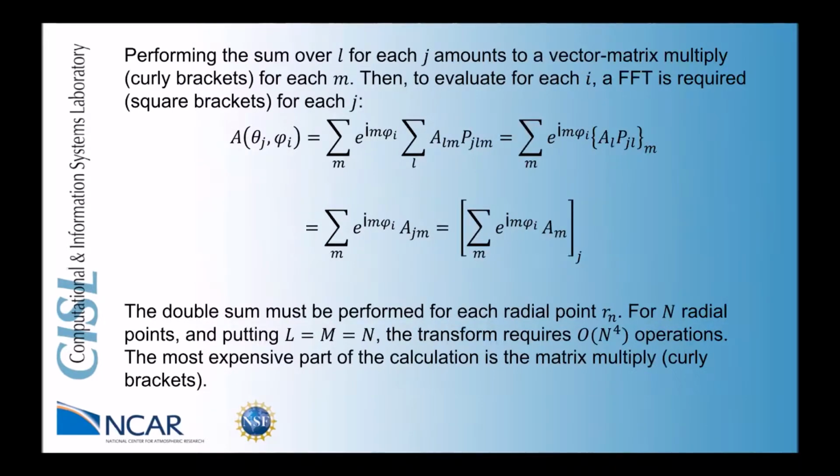So performing the sum over L for each J amounts to a vector matrix multiplication for each M, and then evaluating for each I, a fast Fourier transform is required for each J. So the most expensive part of the calculation is the matrix multiplications in the curly brackets in the first line.